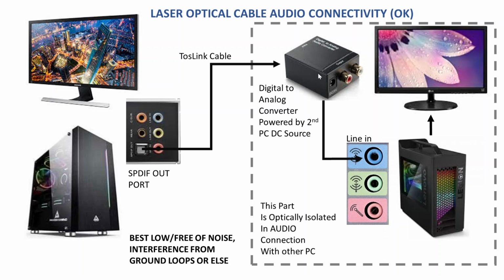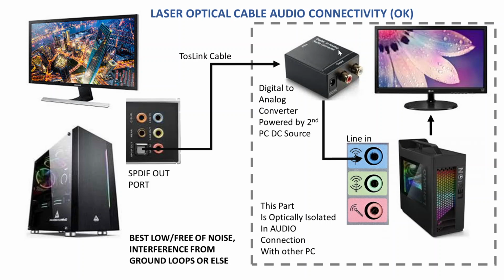There are cheap converters around from Amazon, AliExpress, locally also in my country. It's very cheap, powered by USB 5 volt. You can connect it to USB from this computer. Don't connect to this port for power, of course, because you're going to create another ground loop. This power has to be connected to the target PC or destination PC.